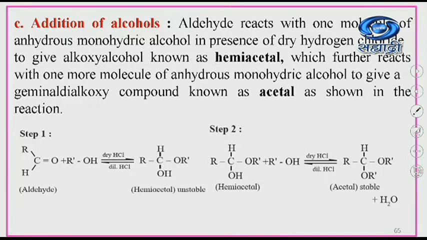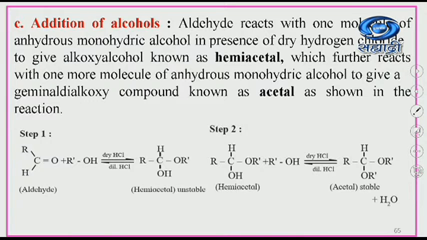So in step 1 there is a single alkoxy group, and in step 2 the product has two alkoxy groups. When there is only one alkoxy group, that is known as a hemiacetal, and when there are two alkoxy groups, then it is known as an acetal, and a water molecule is formed.